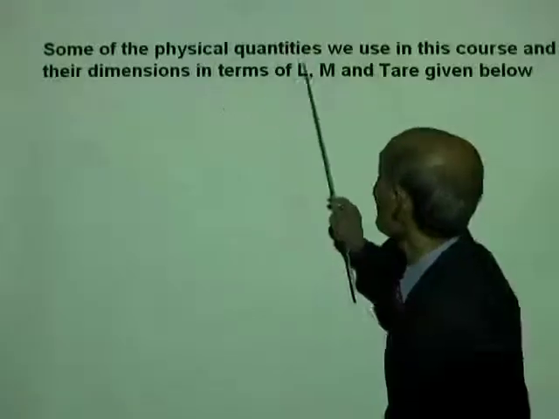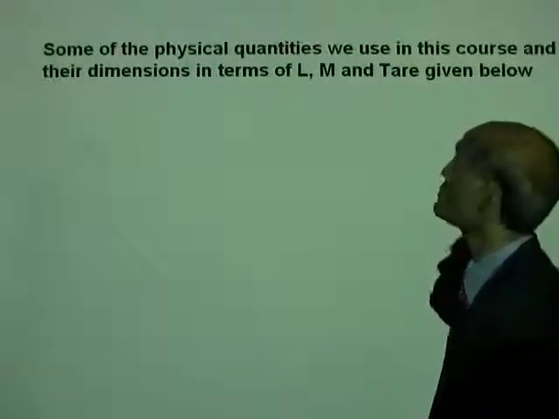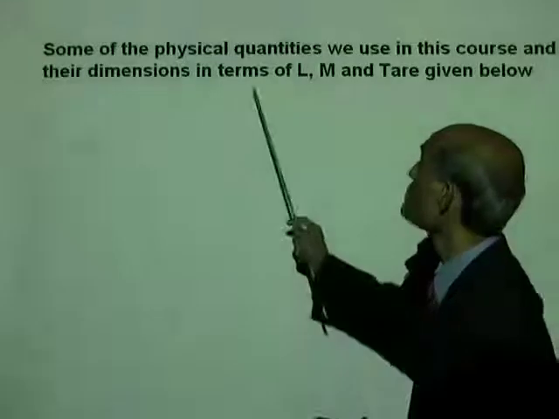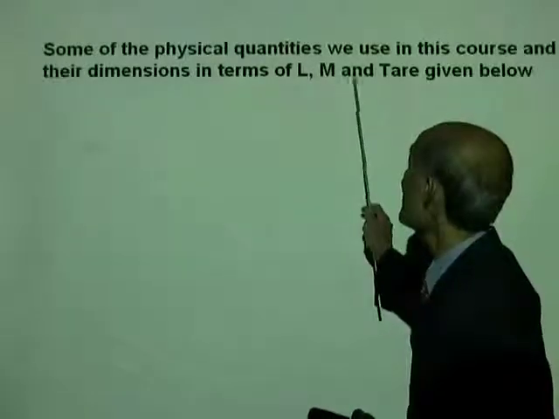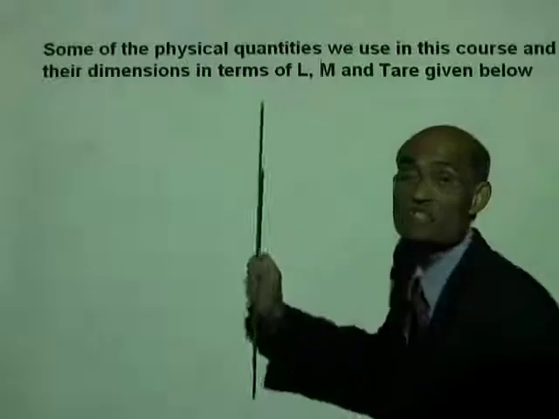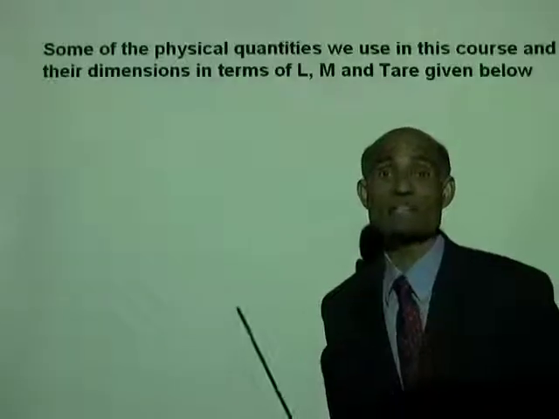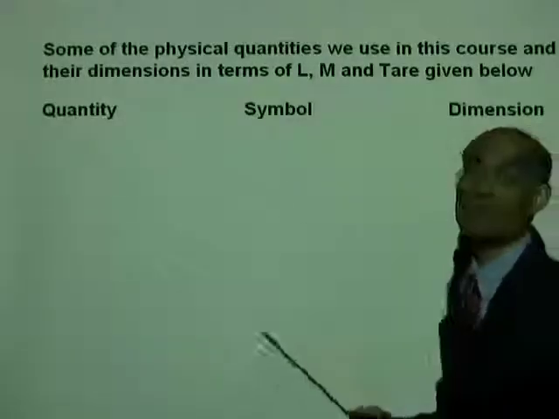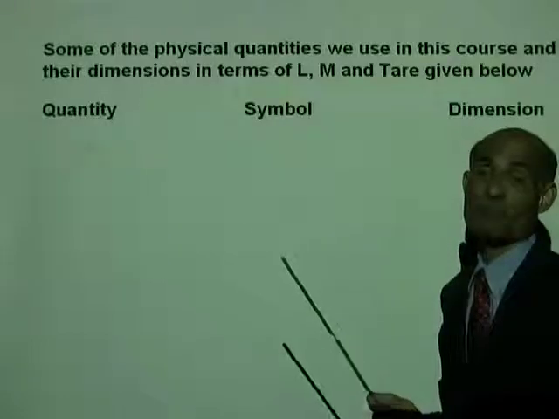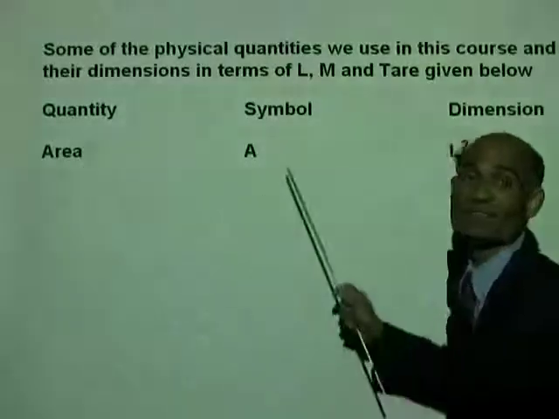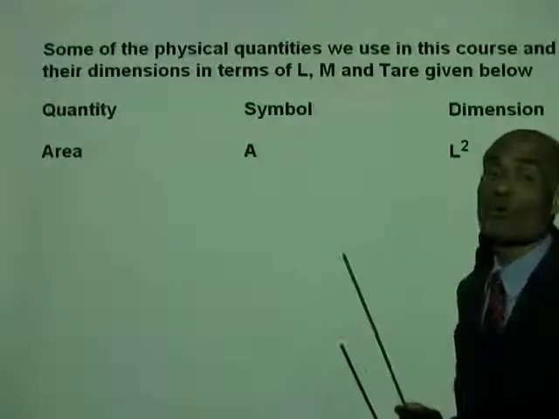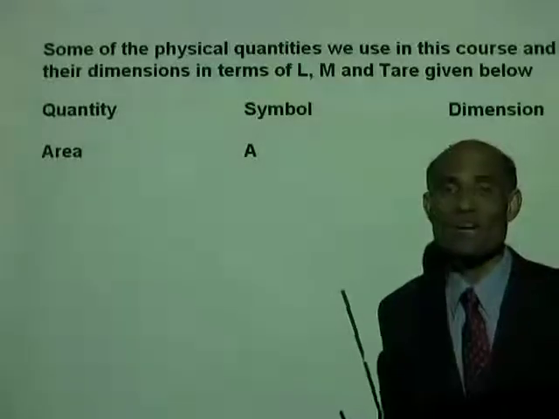Some of the physical quantities we use in this course and their dimensions in terms of L, M and T. The dimensions of length, mass and time are, I'm going to give it to you in here. Area, the symbol is A. What is the dimension of area?